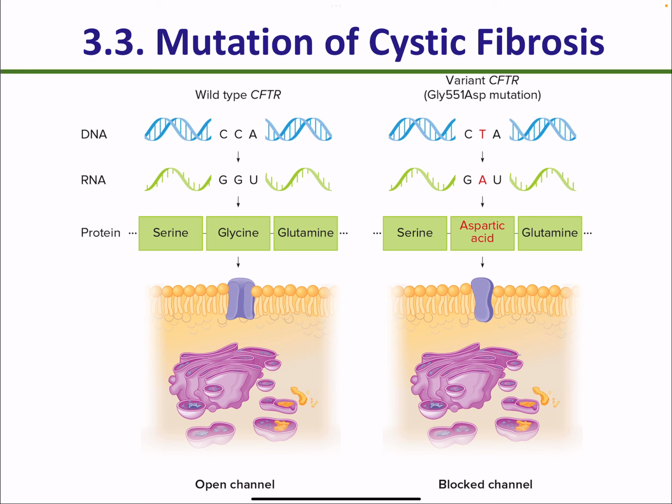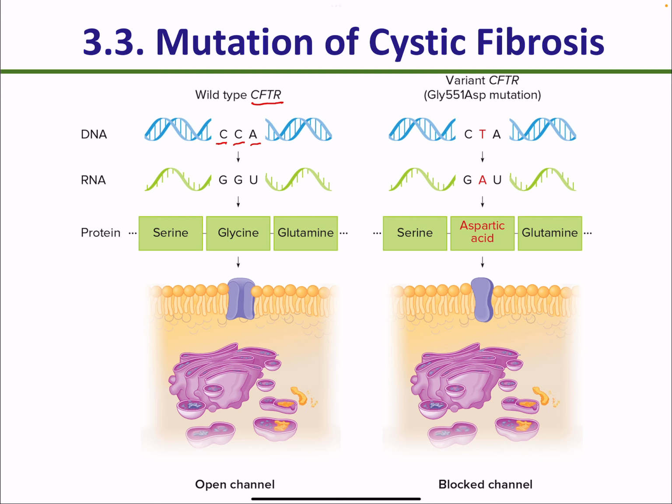Well, in the wild type gene of CFTR, in the sequence of DNA, we are going to have C, C, A. These three nucleotides together, when they are converted into RNA, give GGU.